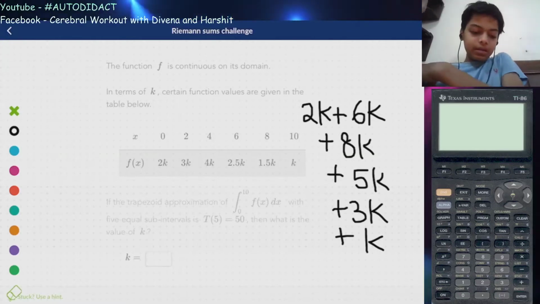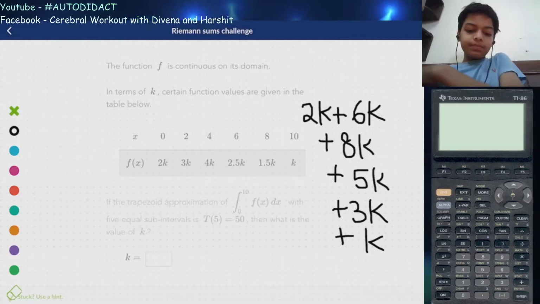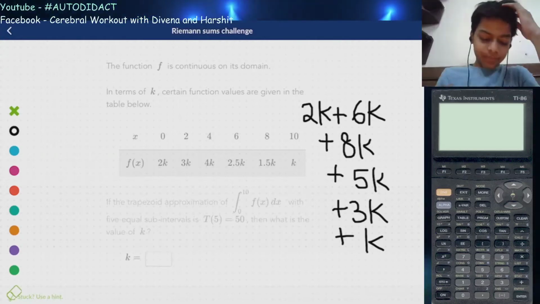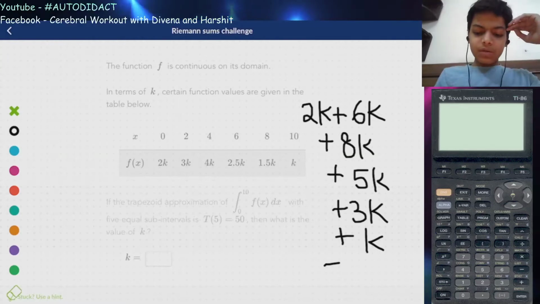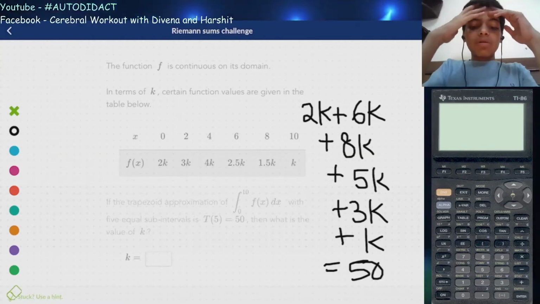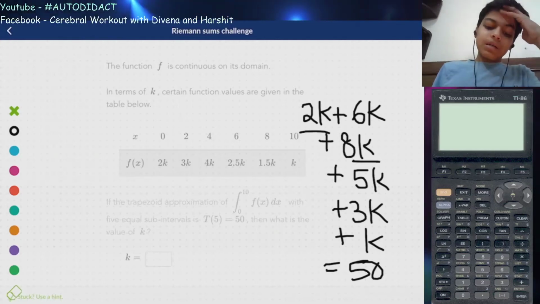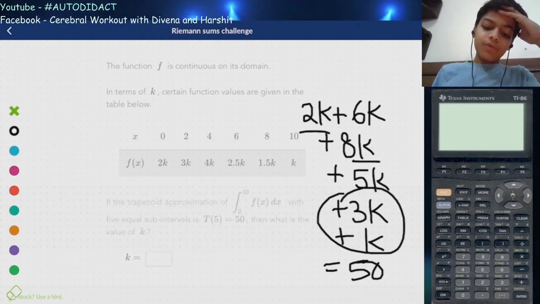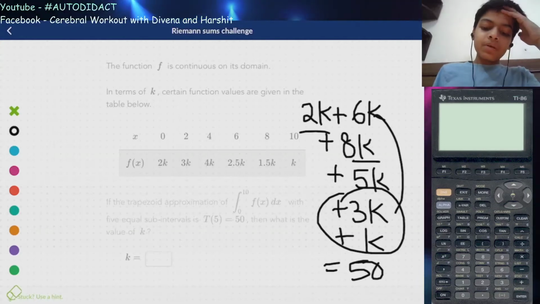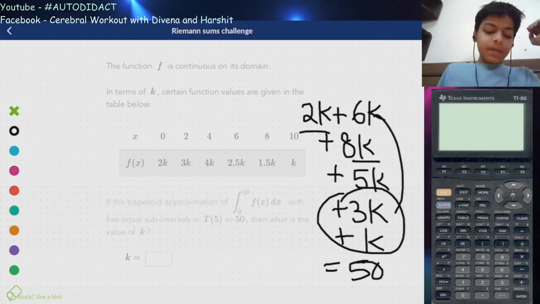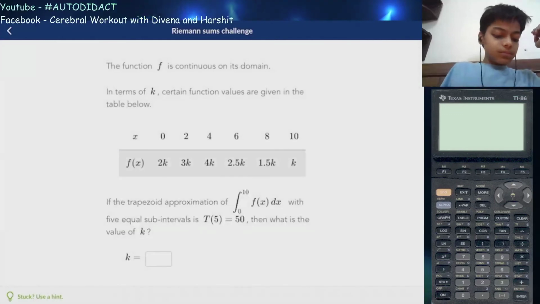Add these all. This should be equal to 50. If we add all these k's, 8k plus 2k is 10k, 10k plus 4k, 4k plus 6k is 10k, so 10 plus 10 is 20, 20 plus 5 is 25k, and then k is just equal to 2.